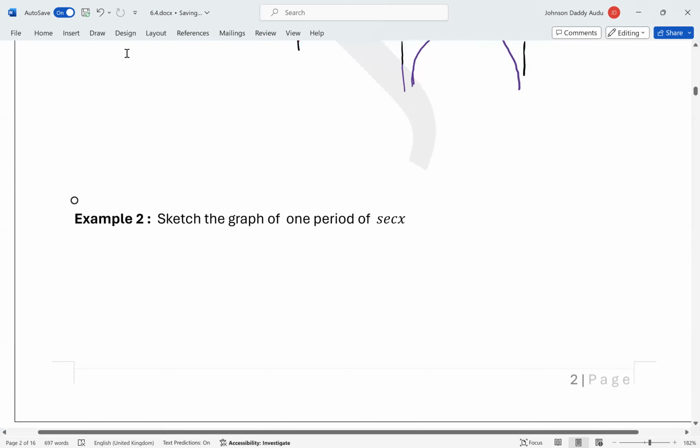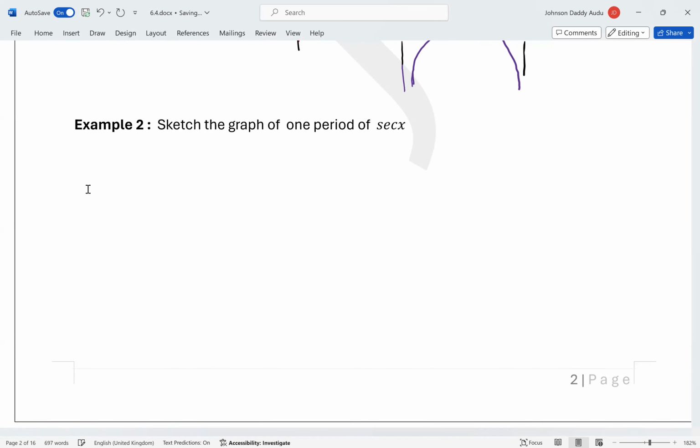Now, example number 2 is similar, but here we want to sketch one period of sec x. Since we know that sec x is equal to 1 over cosine x, we will start with our helper, which is now the graph of cosine x.